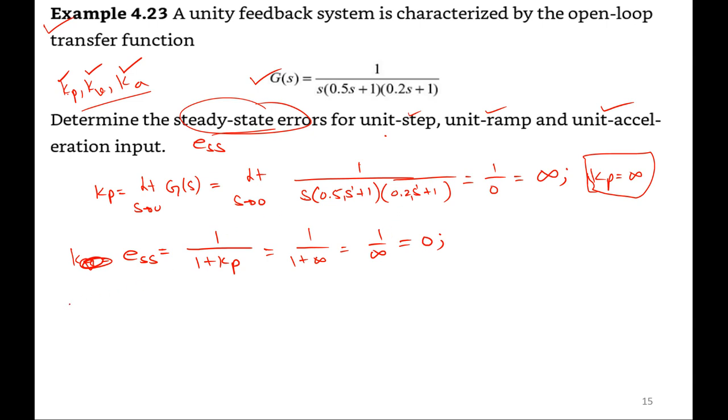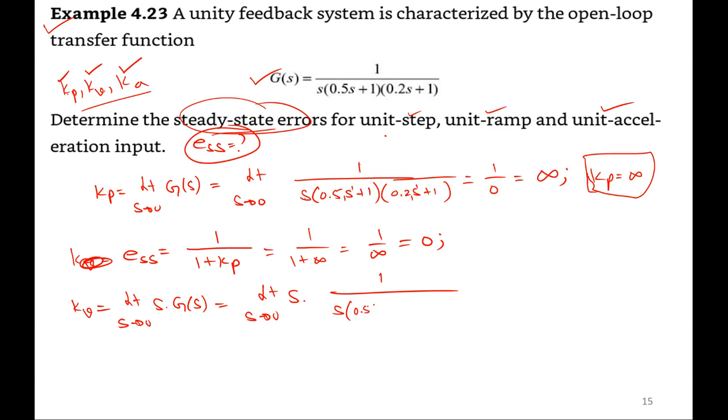Then next we will find out the velocity error constant and the corresponding steady state error. Kv is limit s tending towards 0 of s into G(s). G(s) is 1 divided by s(0.5s + 1)(0.2s + 1).